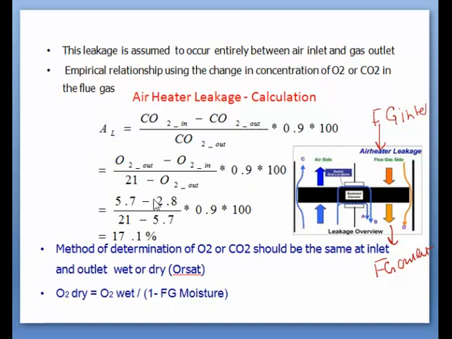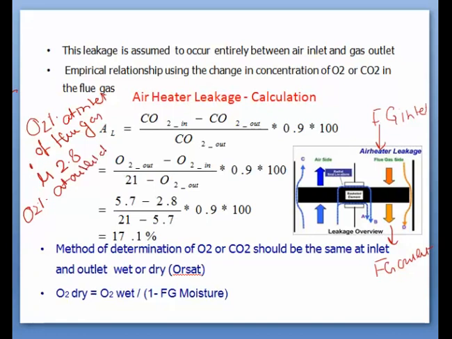So for an example, suppose the oxygen percentage at inlet of flue gas is 2.8, and oxygen percentage at outlet of flue gas is 5.7.